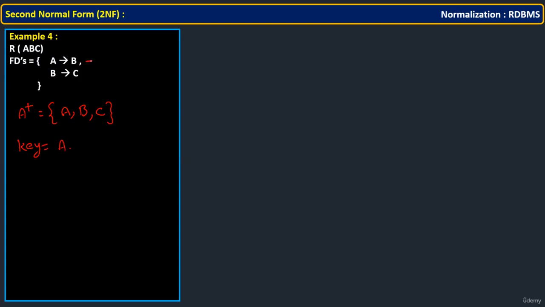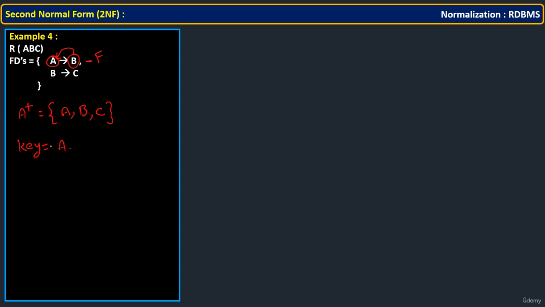So what we have to do, see here A derives B, right? What can you say about this FD? Is it a full functional dependency or a partial functional dependency? Observe, your key is A, that means only a single attribute is there in your key. That means this is fully functionally dependent on the primary key actually. So that is why it is going to become a full functional dependency, because whatever is on the LHS side, that is your key actually.